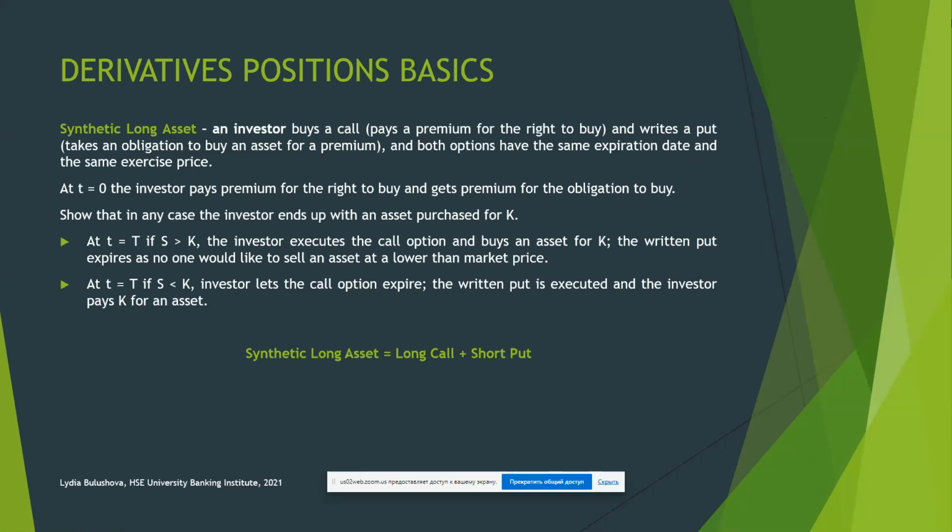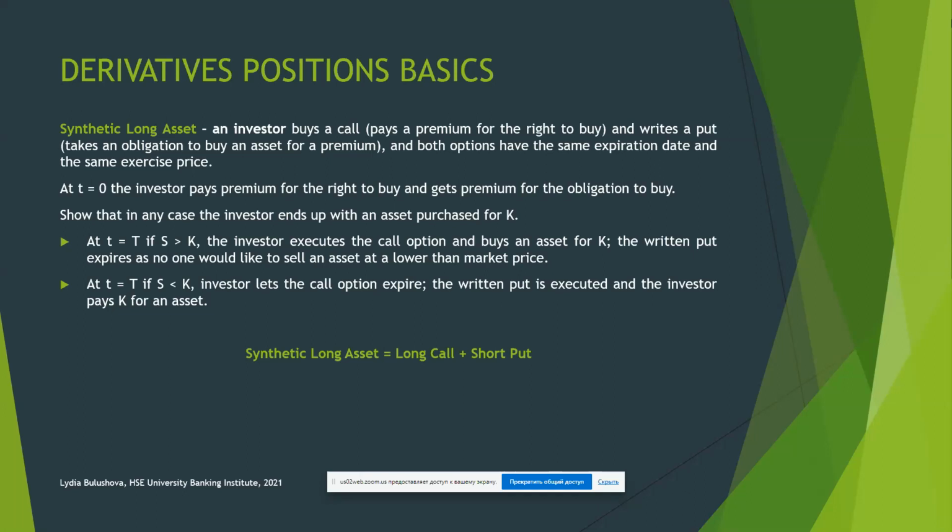I have the right to buy, and I have an obligation to buy, right? The right to buy and the obligation to buy. I can exercise my right to buy to get the asset, and someone exercises their right to sell an asset.